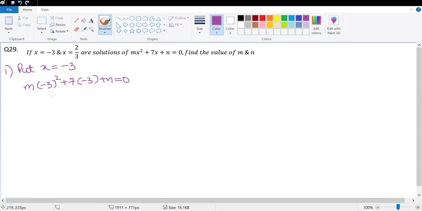So this is 9M minus 21 plus N. Yes, 9M minus 21 plus N is equal to 0, which means 9M plus N is equal to 21.